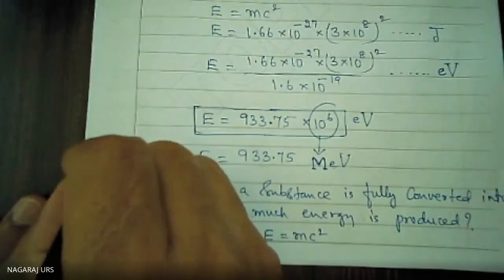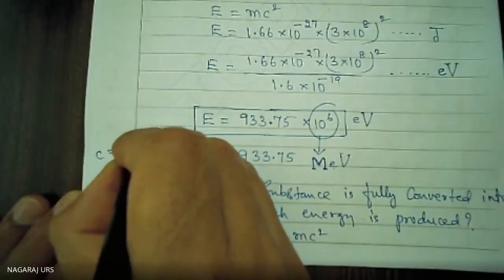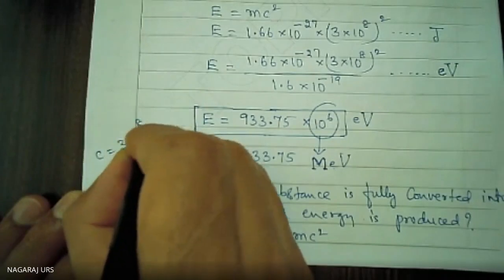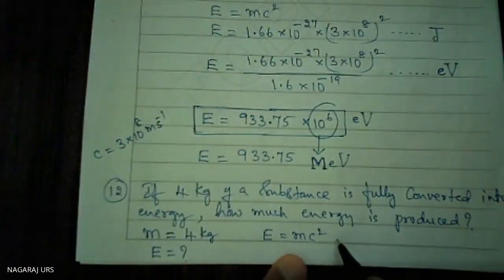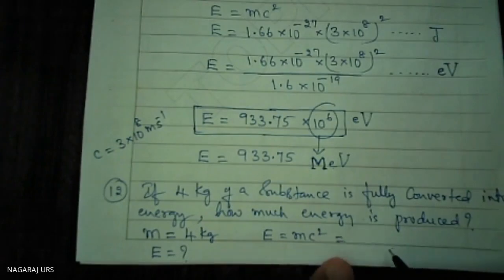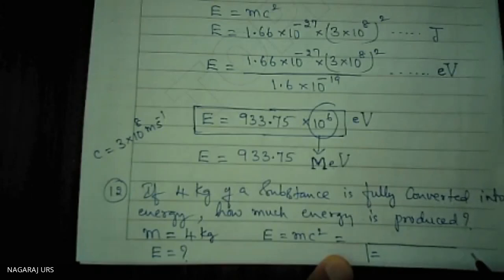C value is 3 into 10 to the power 8 meter per second. Substitution, you do it. Do the calculation. So many joules. Unit is also important. Last unit, carefully you have to write.